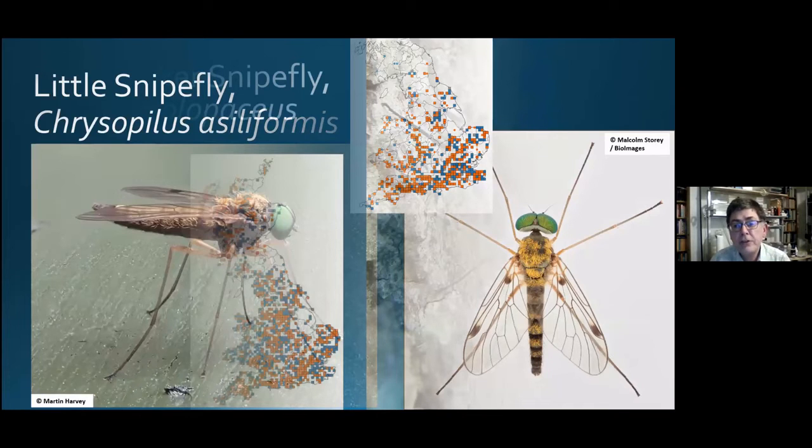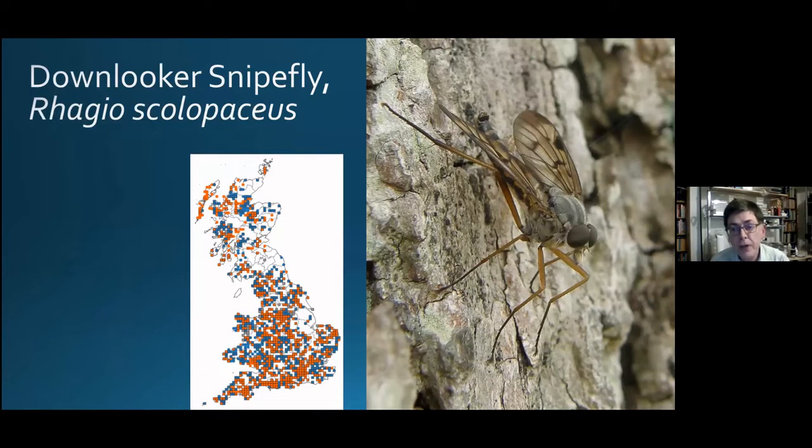Another common species in the family is the downlooker snipefly, so called because it does characteristically sit with its head down, as shown in the photo here, usually on tree trunks or fence posts or those sorts of places. The mottled markings on the wings are one of the distinctive features for this species. There is one other snipefly that has mottled markings, but it's pretty much restricted to chalk downland in the south, in parts of the Chilterns and Surrey.